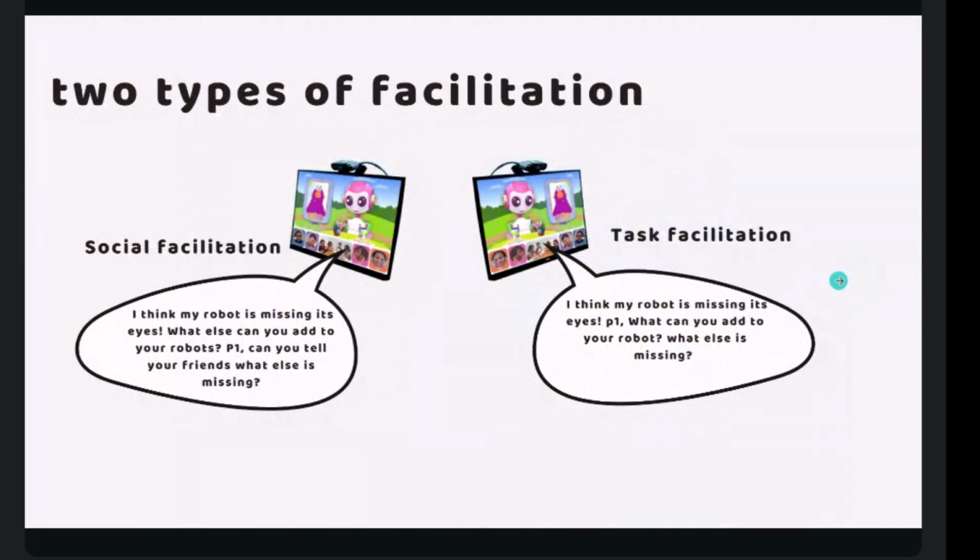The way we designed the study at that point was to offer 2 types of facilitation. The kids played with Amit. It was always a group of 4 kids in one session, 2 boys and 2 girls.